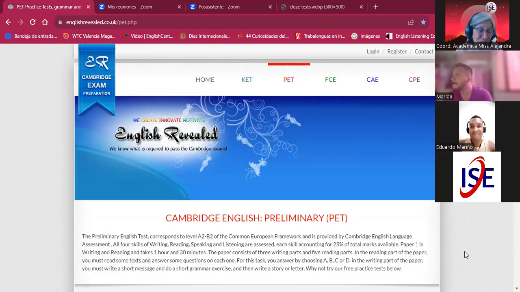I behold a C1, not a C1 plus. And it has to do with the scale they use in Cambridge. You have a minimum grade to pass, an average grade, and a top grade. For example, minimum grade is 50 points, average is 75, and from 75 on, you get a B1 plus.